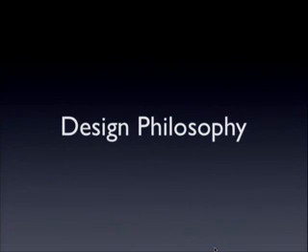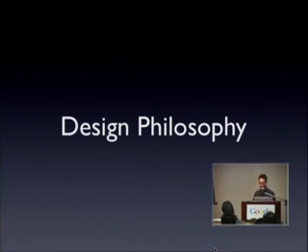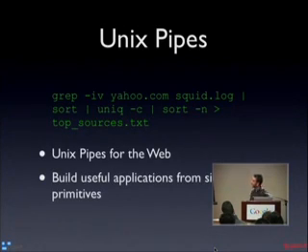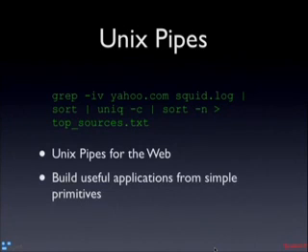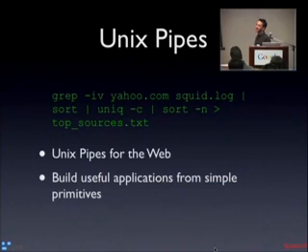I'm going to talk a little bit about our design philosophy on putting it together. So the first thing, we borrowed heavily from Unix pipes. In fact, the name Pipes is a play on Unix pipes. As many of you know, Unix pipes basically allows you to combine very basic primitives and build up useful applications. This is a model that has worked very well in the Unix world for the past 50 years.